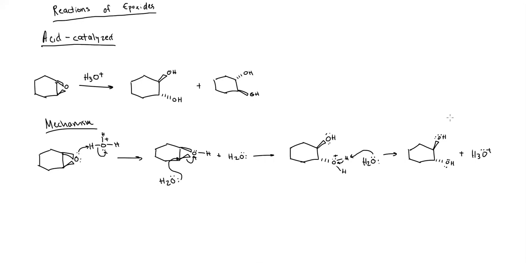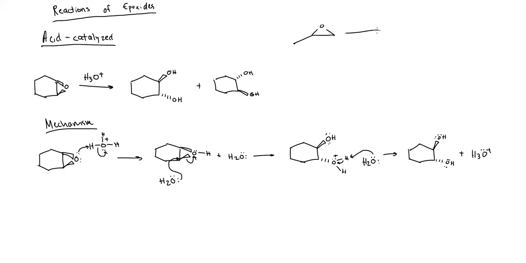The other thing to mention is I said that it's always going to attack the more substituted carbon. In this case, we didn't see that. So let's say I have something like this, okay?